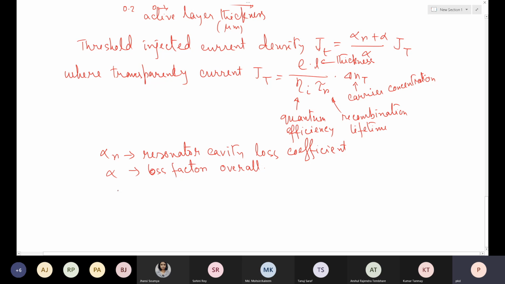Current I could be J times A, or like IT is equal to JT times A. A is the width times length, that is the cross-sectional area.